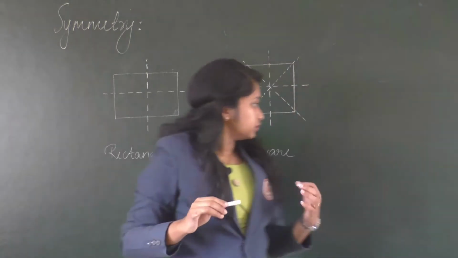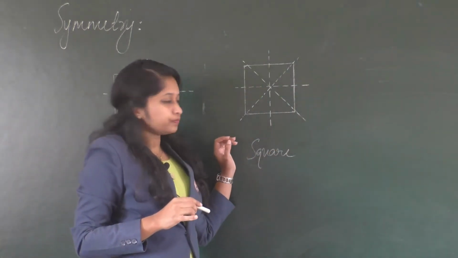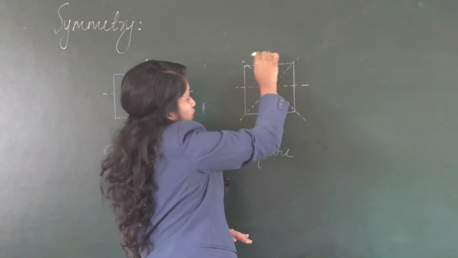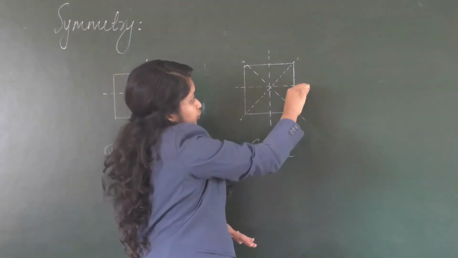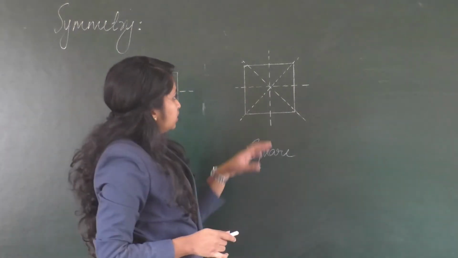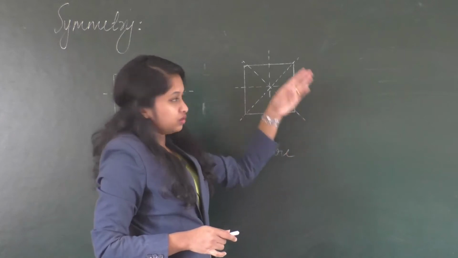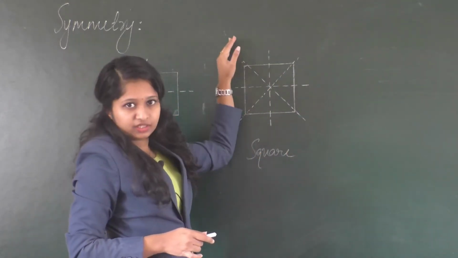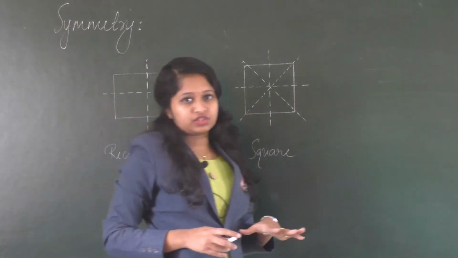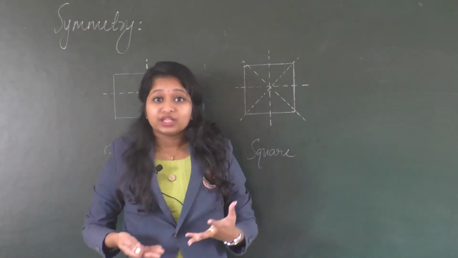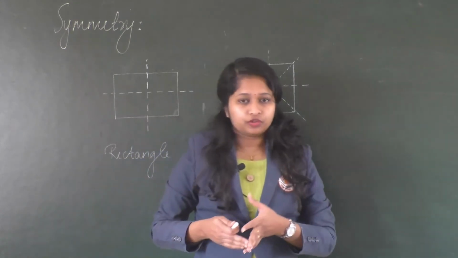If I take a square, I can form 1, 2, 3, 4 lines of symmetry. I can either cut like this or like this or diagonally. That means 4 lines of symmetry can be formed. If you draw a circle, then so many lines of symmetry can be formed.